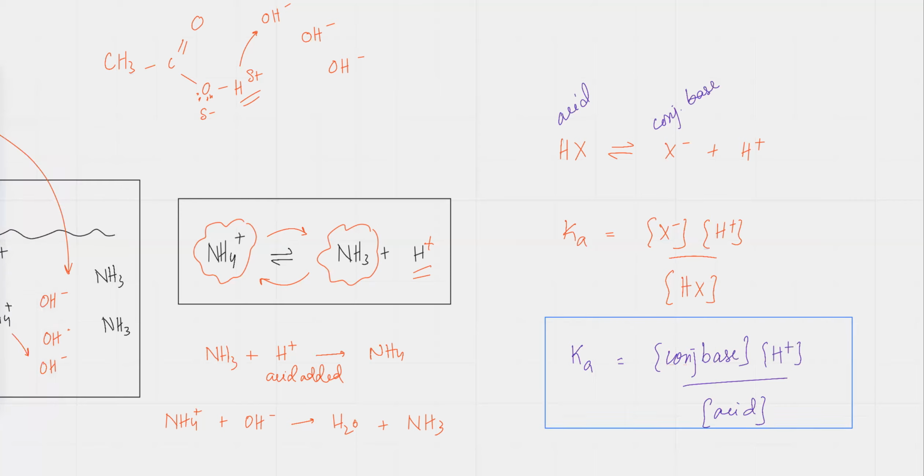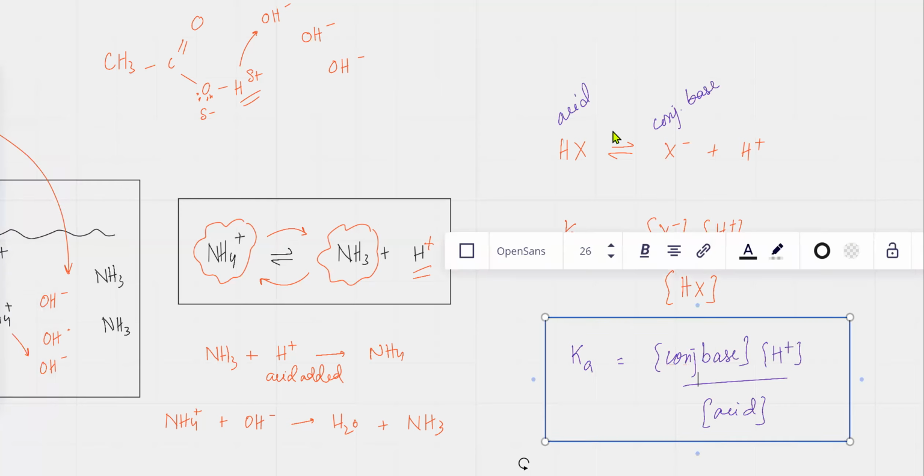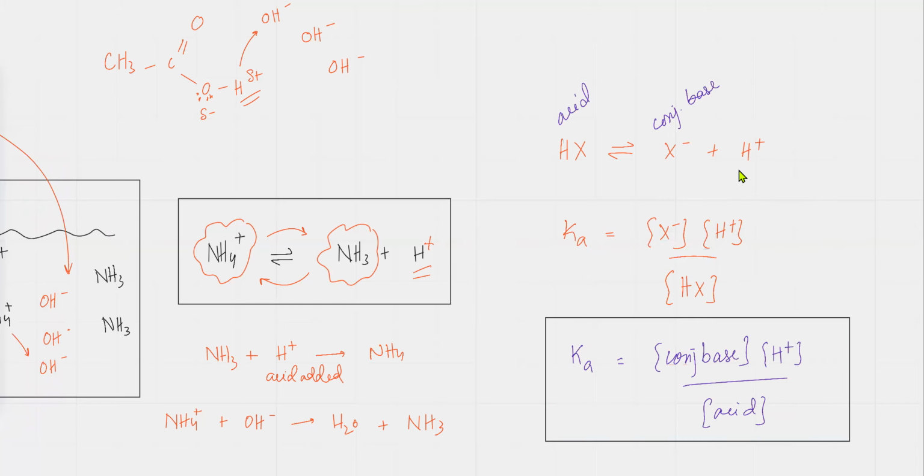And the other thing is you can't make it H+ squared now. Why? Because these two ions are going to have different concentrations. You added extra ions of the conjugate base from outside. Is that clear? Now these two ions are going to have different concentrations because this has been added from outside.